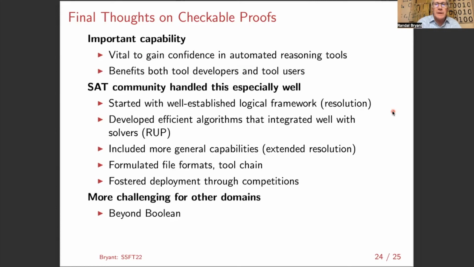How sure are we that there isn't some bug in our program? In fact, there probably are bugs in our programs. Well, this idea of a checkable proof says that even if our program was buggy, that result is absolutely secure. I don't have to rerun it if I found a bug in the program, because I've generated an independent proof that this formula is unsatisfiable, or that this result I'm asserting holds.